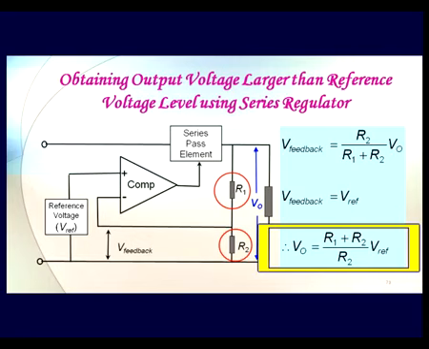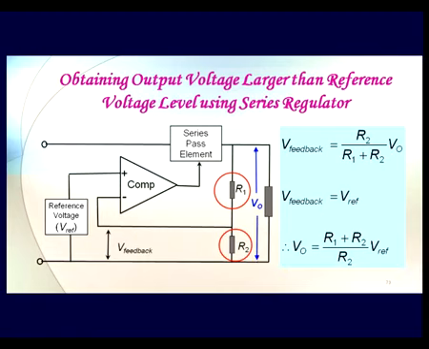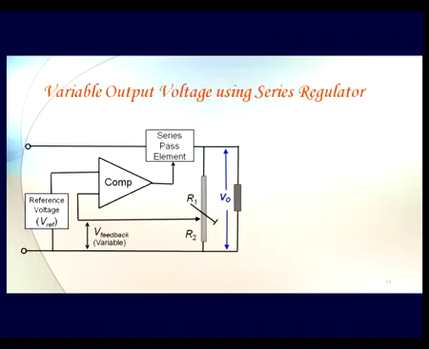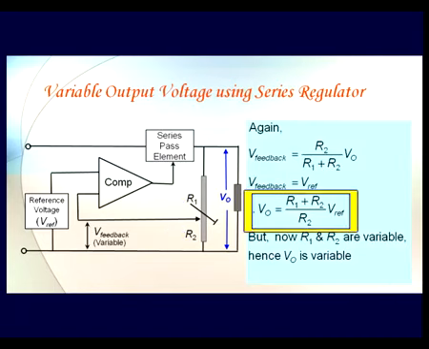So now here we are able to generate an output voltage which is even larger than the reference voltage. And why only higher voltage? Instead of the fixed R1 and R2, if I apply a potentiometer, which is a variable resistance, and connect the variable terminal of the potentiometer to the feedback circuit, then I can always vary this and change the ratio of R1 and R2, and so I can always change my VO by changing the proportion of R1 and R2.